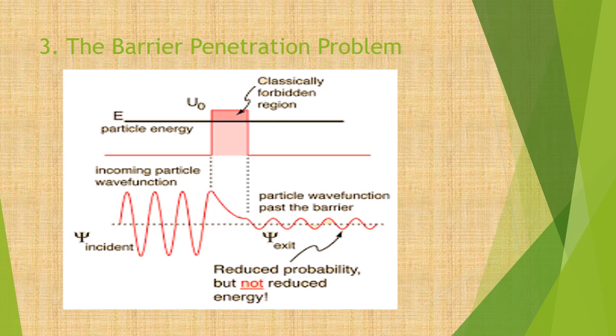C is the amplitude of the transmitted wave in region 3, and D is the amplitude of the reflected wave in region 3.